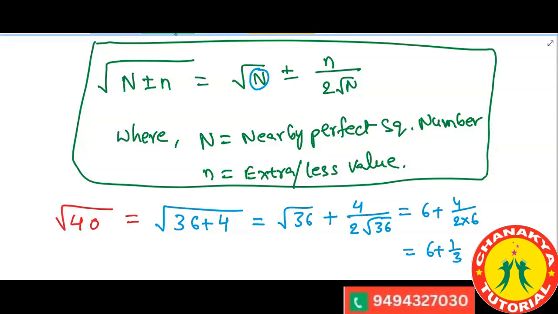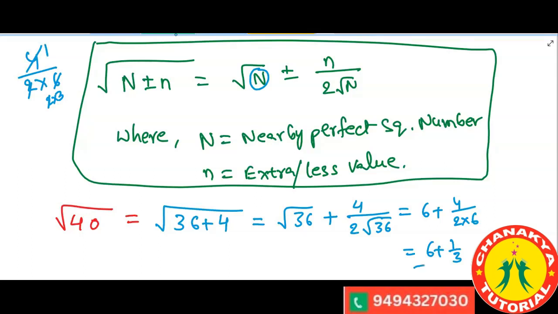4 by 2 into 6. This 6 also consists of 2 into 3. This 2 and this 2 will cancel with 4 one time. Overall, it is 1 by 3. 1 by 3 is nothing but 0.3333, and so on.